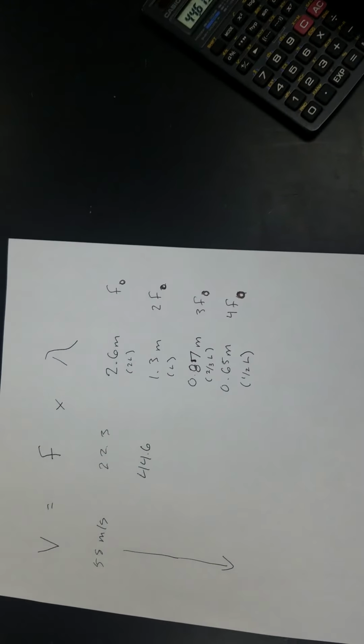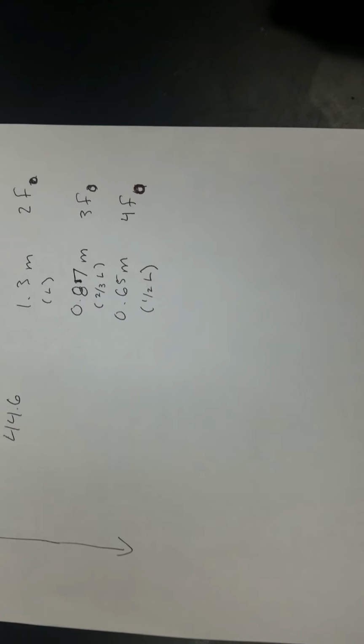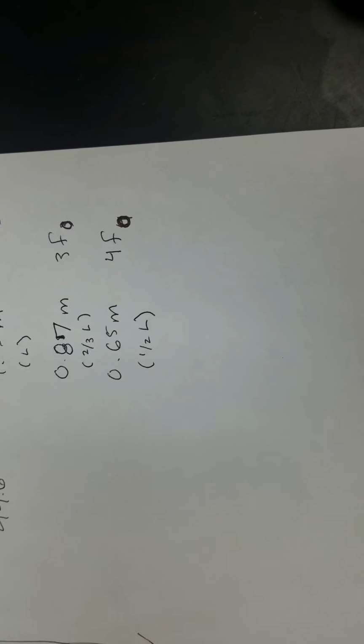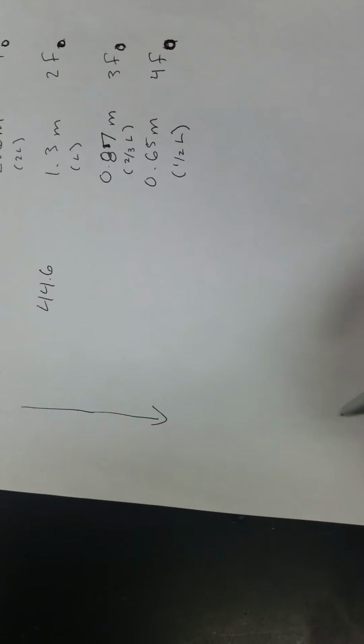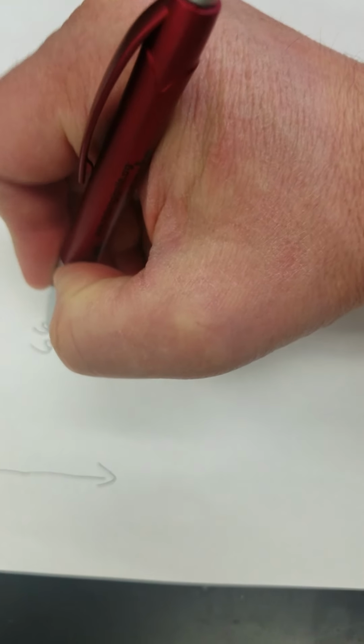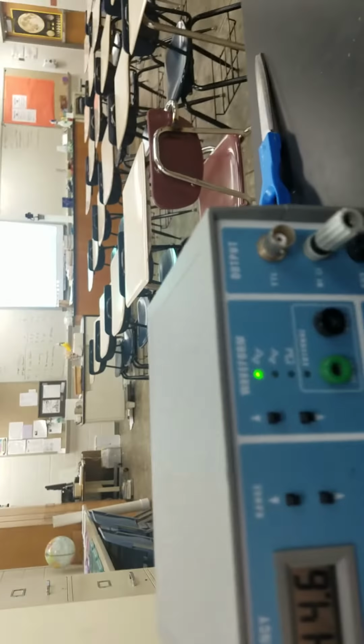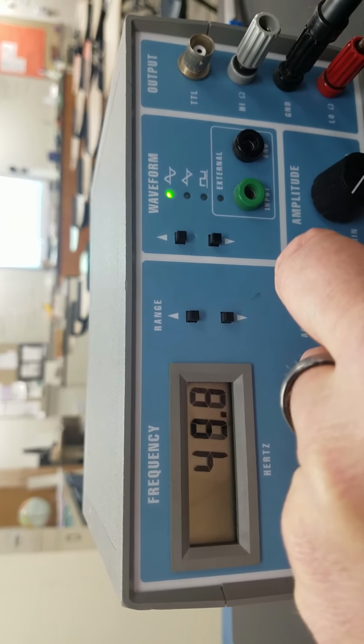Well, we're going to take 58, we're going to divide it by 0.87. I'm going to find out that my next harmonic here should be at 66.7 hertz. So we're going to change this, 66.7 hertz.